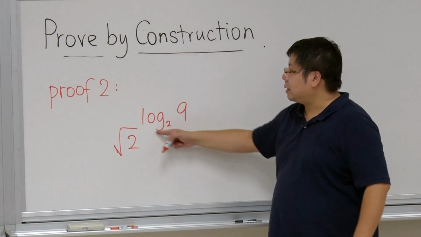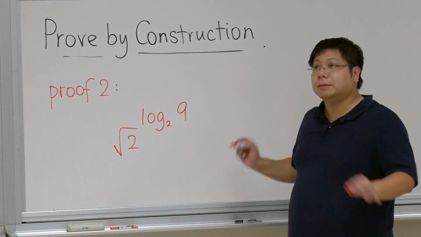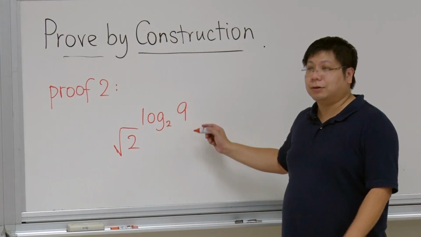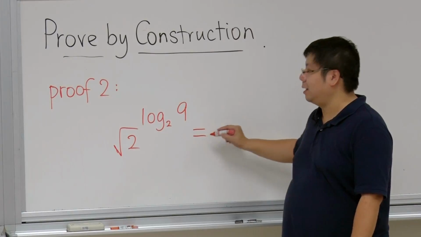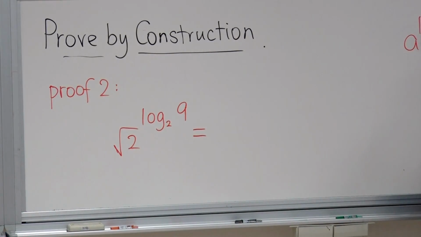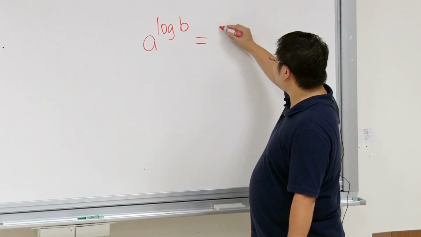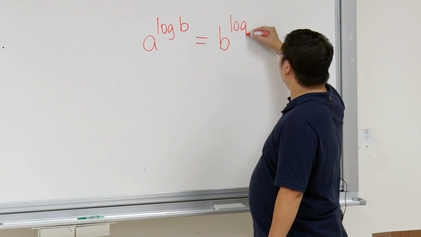We will later show that this is irrational. But at this moment, let's check out what is square root 2 to the power log 9. Something like this: you have A to the power log B. It is always equal to B to the power log A.